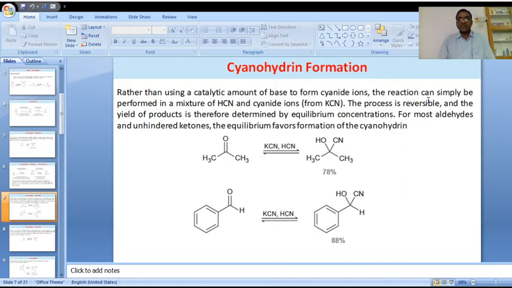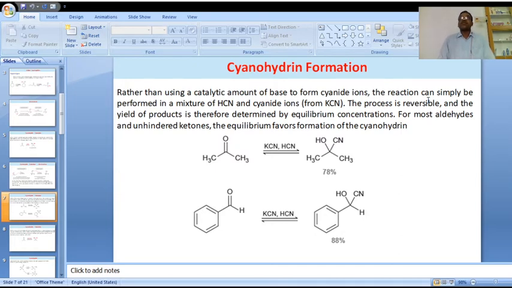Next reaction. It is a comparative study of aldehydes and ketones. How the reaction takes place with the same cyanide nucleophile, the carbon nucleophile cyanide, attacking an aldehyde or a ketone.